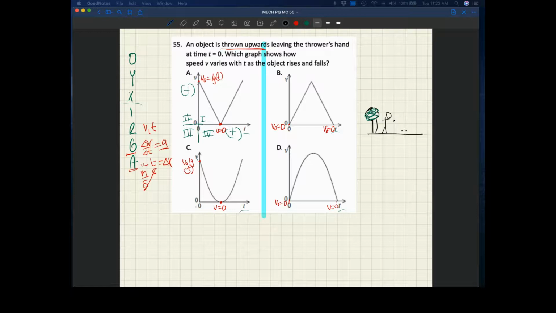Well, let's see. Since the graphs are about velocity, what do we know about the velocity when something is thrown upward? Well, it slows down, and at the top becomes 0. And on the way down, it speeds up. And when it returns to the same height, it will have the same speed. So in other words, at the very beginning, the velocity will be a maximum.